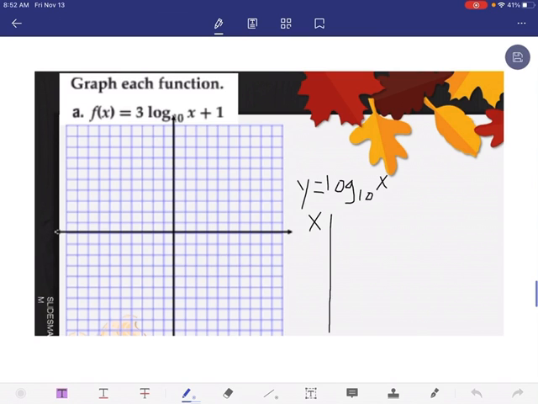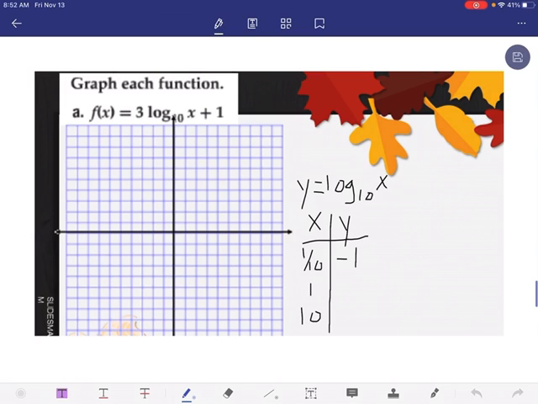So I have x's and I have y's. Now, normally we would plug in -1, 0, and 1 for our exponential, but remember that those are going to become our outputs now instead. So we would want to plug in 1 over our base, which is going to be 1/10, 1, and then whatever our base is.